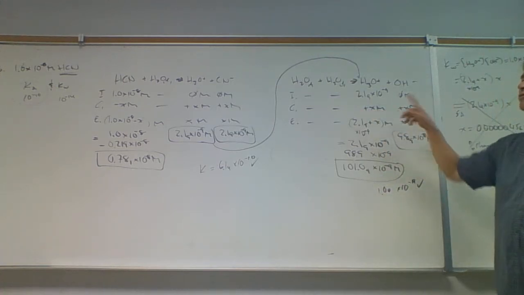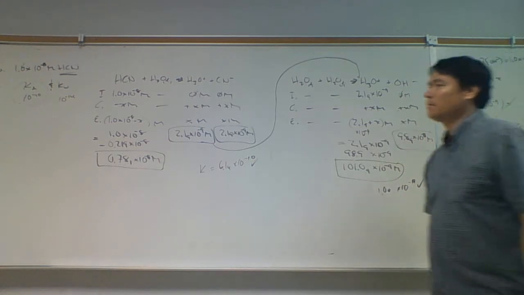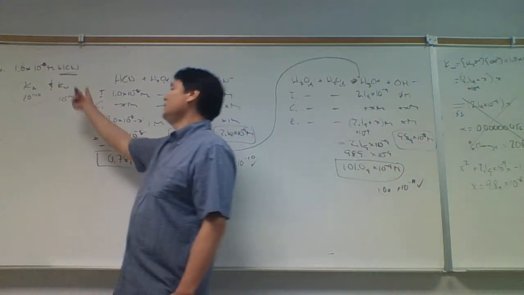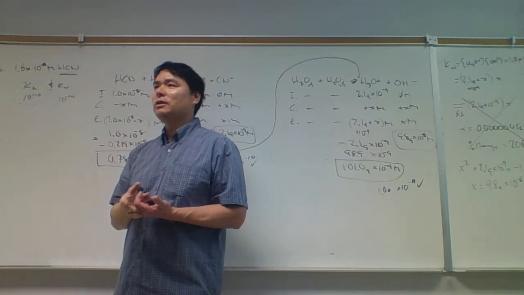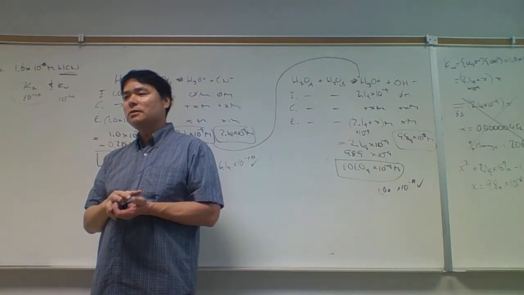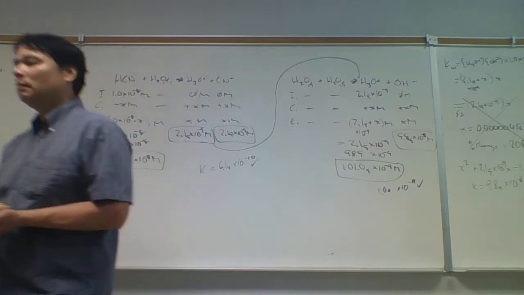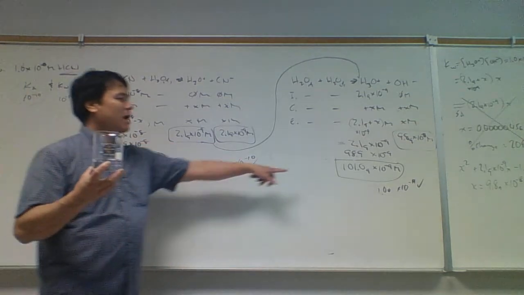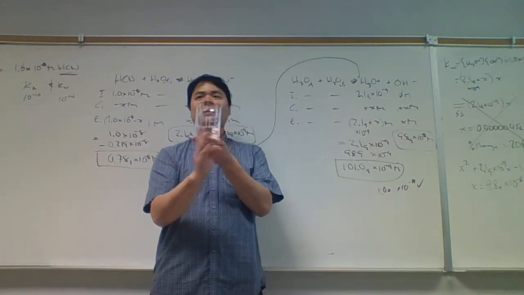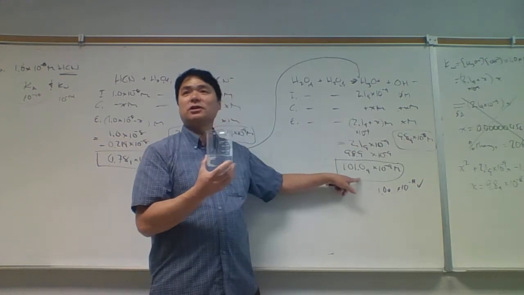Because this is the same solution. This is a mixture of HCN and water. I can't have two separate hydronium concentrations in the same beaker. Like, for example, I can't say, okay, half the water on this side maybe has this concentration of hydronium, and the other half of the water, maybe on the other side, has this concentration of hydronium.